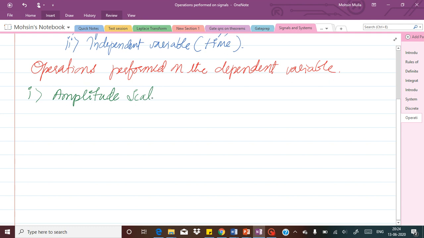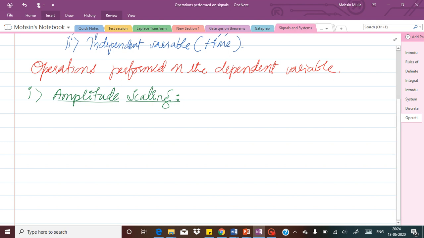Now what is amplitude scaling? Whatever original amplitude is available in the signal, that amplitude will be changed. Basically, in case of amplification, the overall magnitude of the signal is increased from a lower value to a sufficiently large value. That is nothing but amplitude scaling.